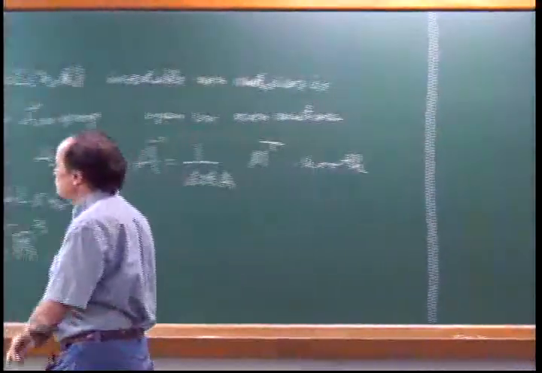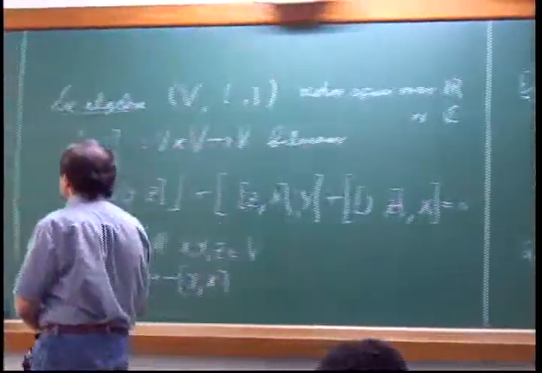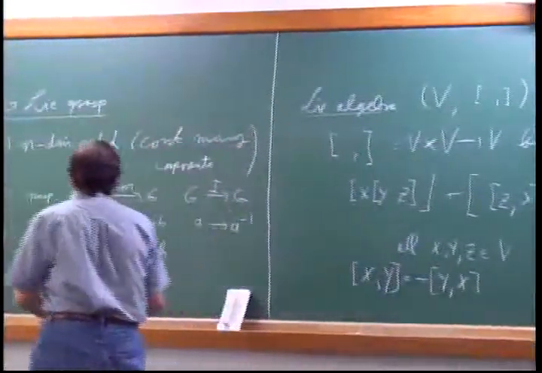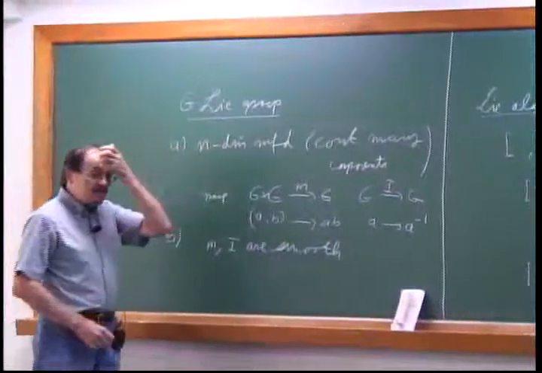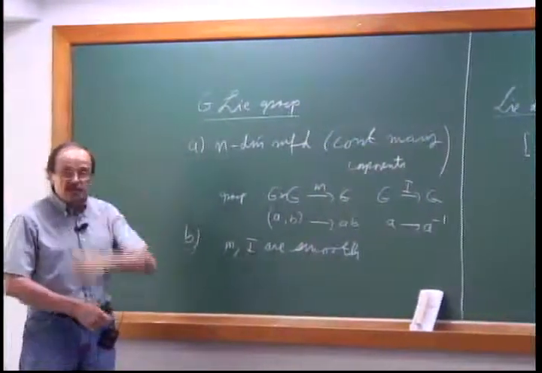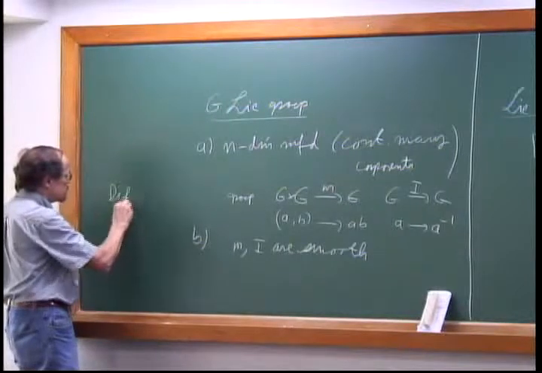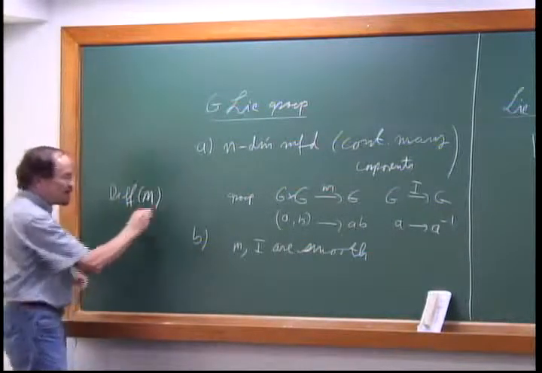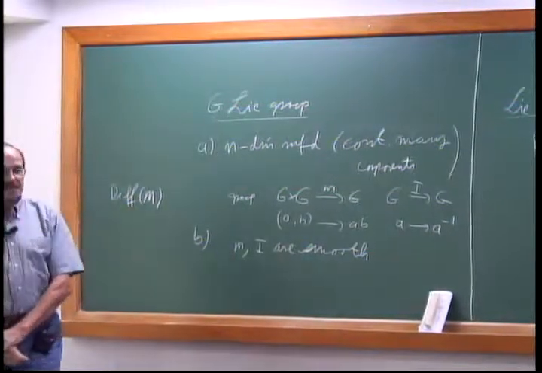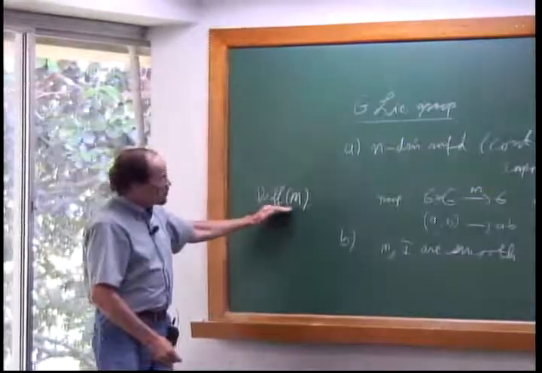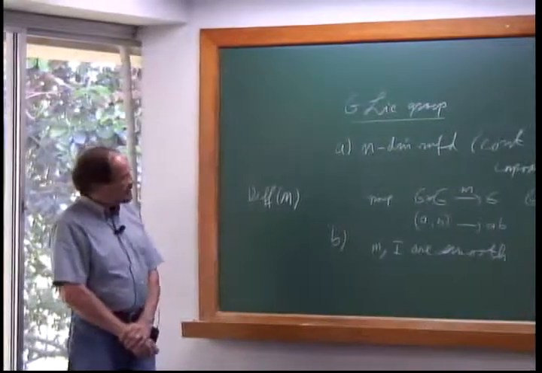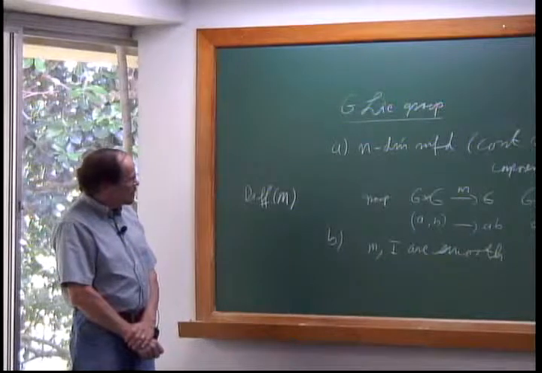By the way, my Lie groups are finite dimensional. There's also a concept of an infinite dimensional Lie group. For example, the diffeomorphism group of a manifold is certainly a group in some sense. If you want to make that into a Lie group, then things become rather technical and difficult.